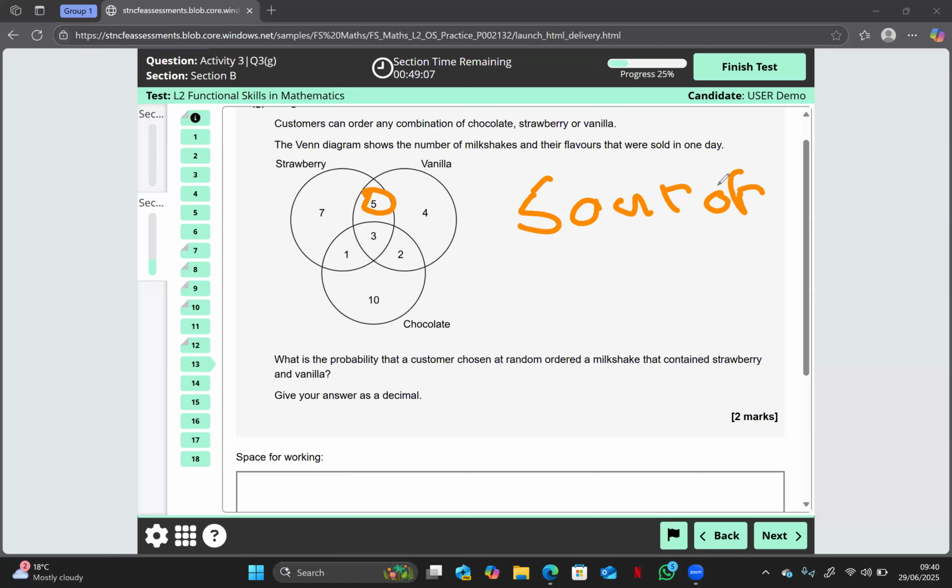Let me add them up: 7, 5, 4, 3, 10, which equals 32. That contains strawberry and vanilla, so 5 out of 32. So the probability will be 5 over 32, which can't be simplified anymore.